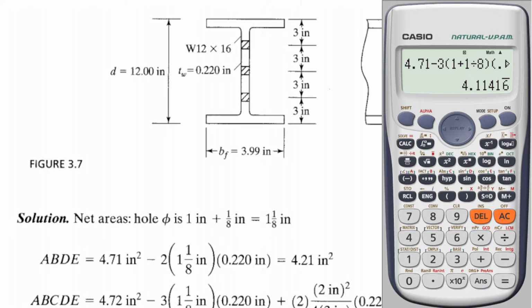The smallest area would present the smallest resistance to failure, and we want better resistance to failure. So 4.22 versus 4.11. Therefore, the answer is 4.11. This is the final answer.